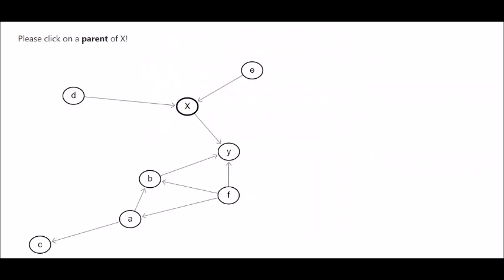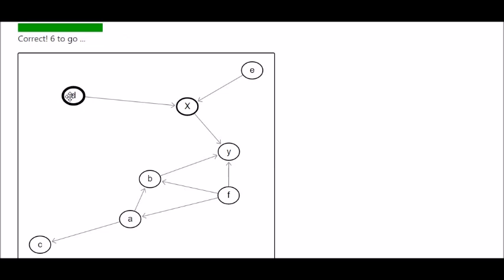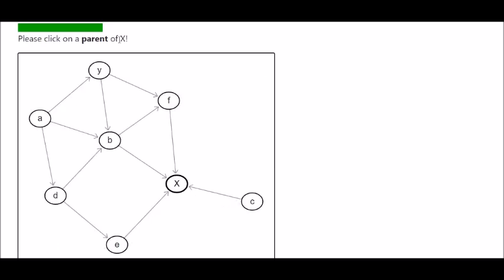Okay, click on a parent of X. So here the parent of X is D. Click on a parent of X. You can click on any parent.